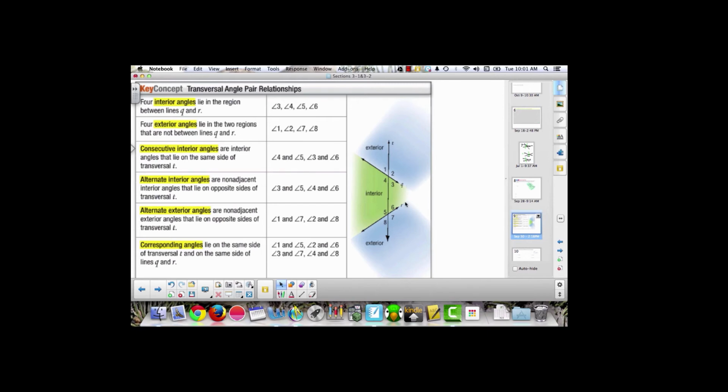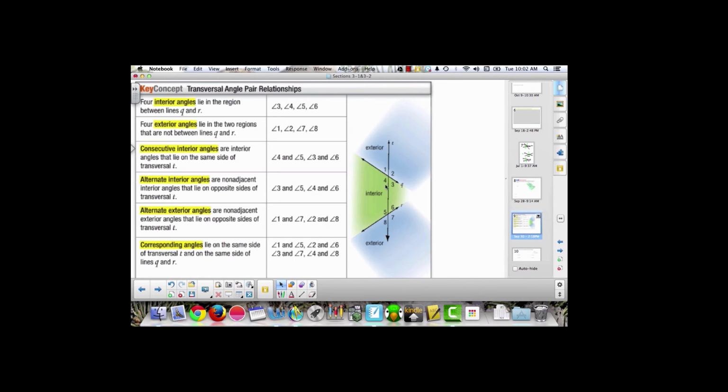Notice when I have two lines, Q and R, and transversal T here, there's an interior part of the two lines, this green shaded area, which is inside these two lines, Q and R, and an exterior area, outside lines Q and R. Then we have angles that are on the same side of transversal T and angles that are on alternate sides of transversal T. This is important to understand when we talk about the definitions of these angle pairs.